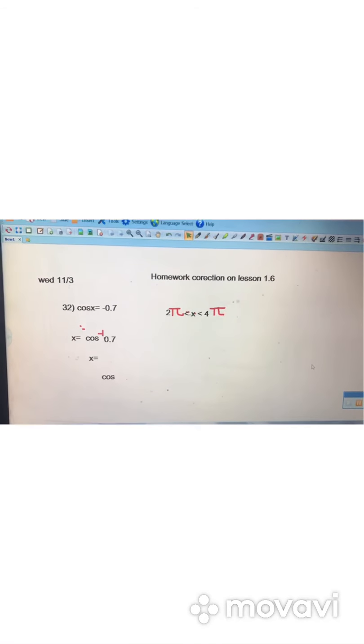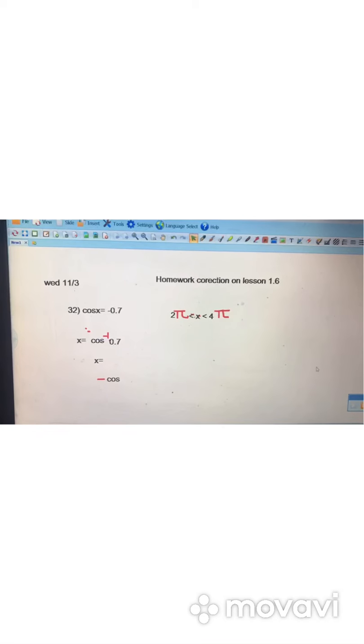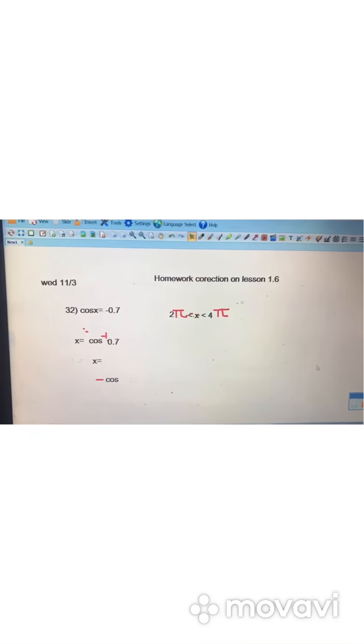Next step, I will study in which quadrants cosine is negative. At the second and the third, right?